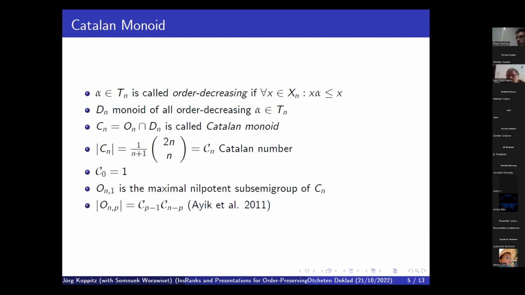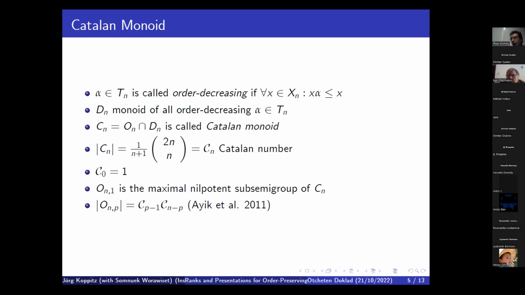So this is an important observation. And 10 years ago, a Turkish mathematician in a group determined the cardinality of the semigroup O_N,P.